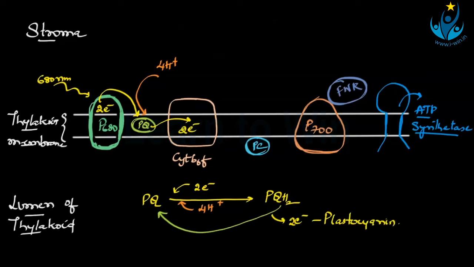Then, if the electrons are getting released, the protons also have to be released. So where will the protons go? The protons will go into the lumen of the thylakoid.